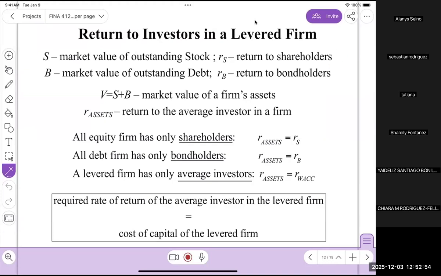So just reiterating some of the terminology here. R assets is the return to the average investor in the firm. So if the firm is all equity, R assets is just the return to equity or the cost of equity. R assets for a firm that's 100% debt would be the same as the return or cost of debt. So this is just the interest rate, the yield to maturity on the bonds that were issued.